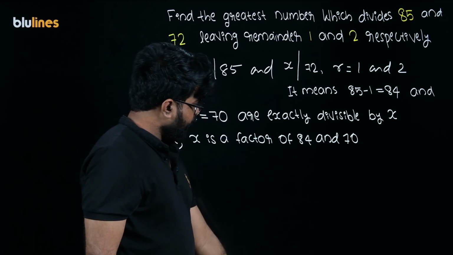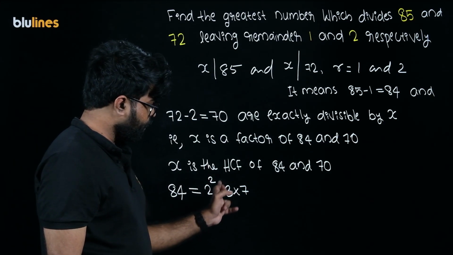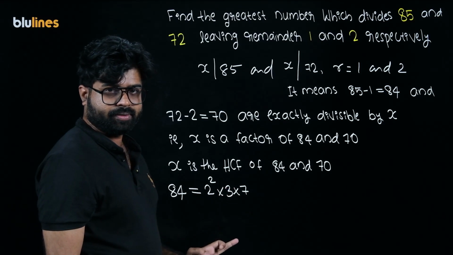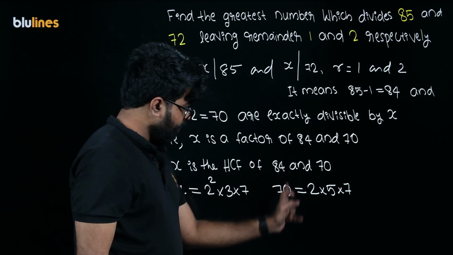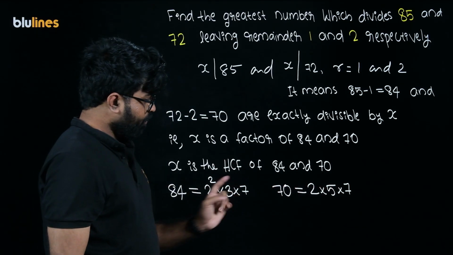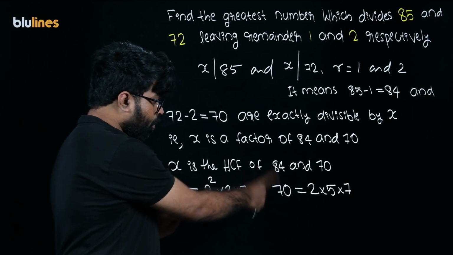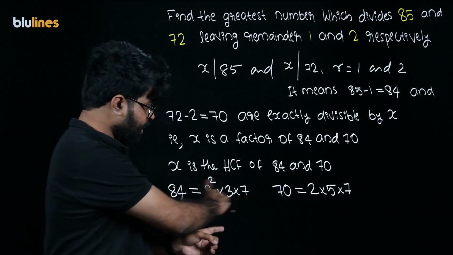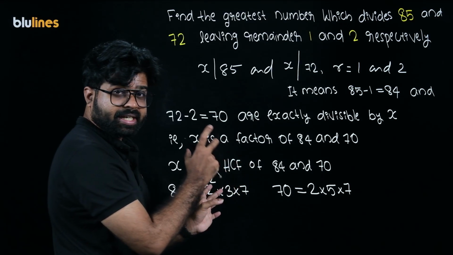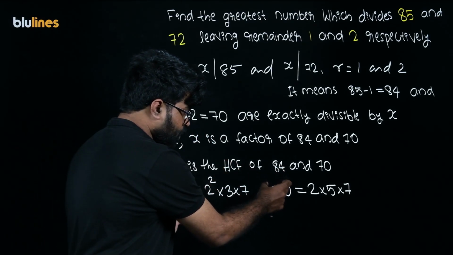We know that 84 can be written as 2 square multiplied with 3 multiplied with 7. Similarly, 70 can be written as 2 multiplied with 5 multiplied with 7. We need to find the greatest number that divides both 84 and 70. That is the highest common factor.